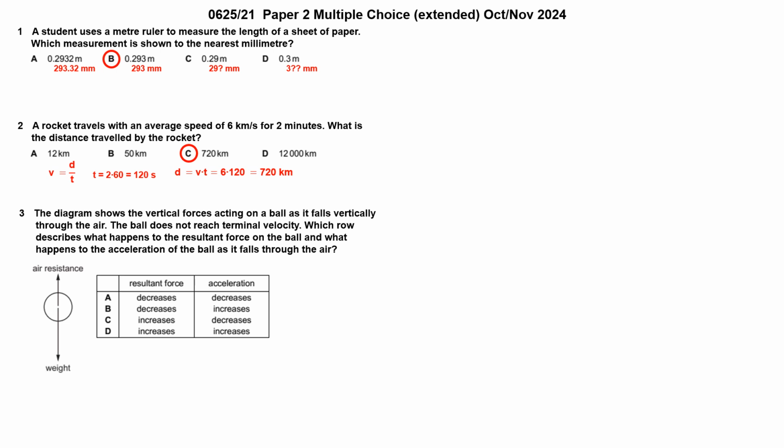As the ball falls, its speed increases, leading to greater air resistance. The net force on the ball is the weight minus the air resistance, acting downward. Since air resistance opposes motion, the net force decreases, causing the ball's acceleration to decrease by Newton's second law.